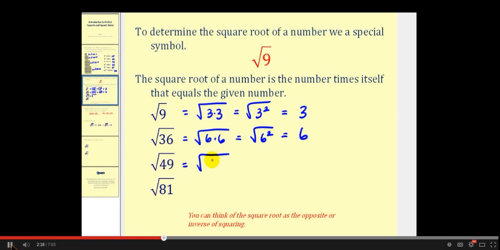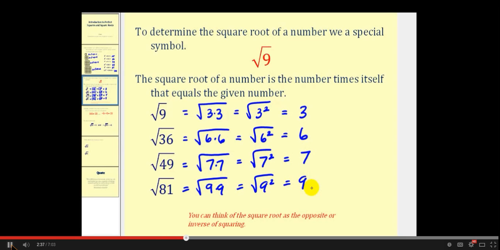Square root of 49, because it's 7 times 7, or 7 squared, equals 7. And let's look at one more. The square root of 81, because 81 is 9 times 9, or 9 squared, would equal 1 factor of 9.